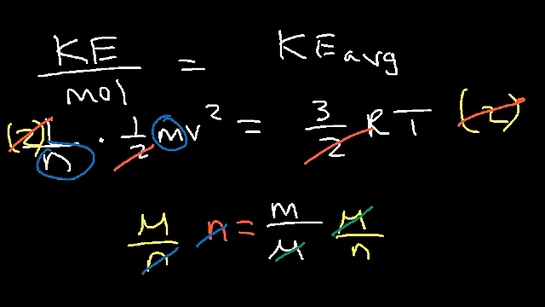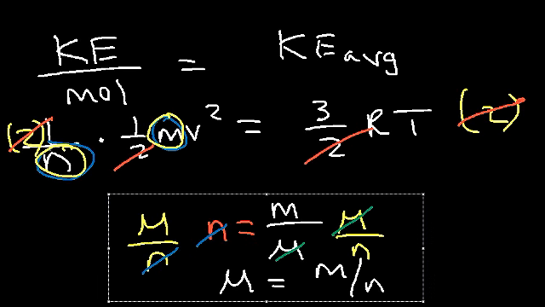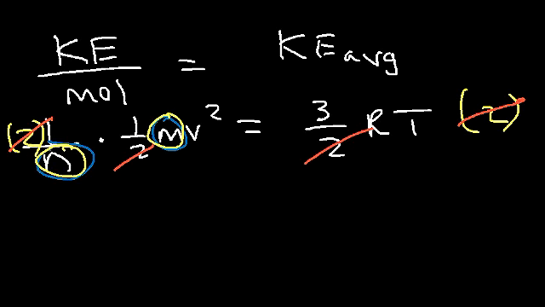So therefore, the molar mass is the mass over the moles, which means that we can replace m over n with big M. Mass divided by moles is molar mass.